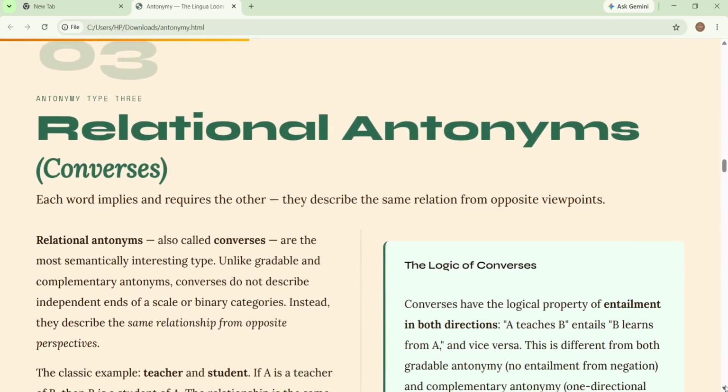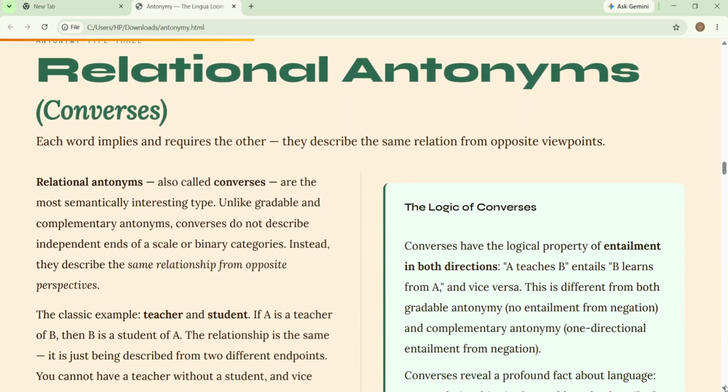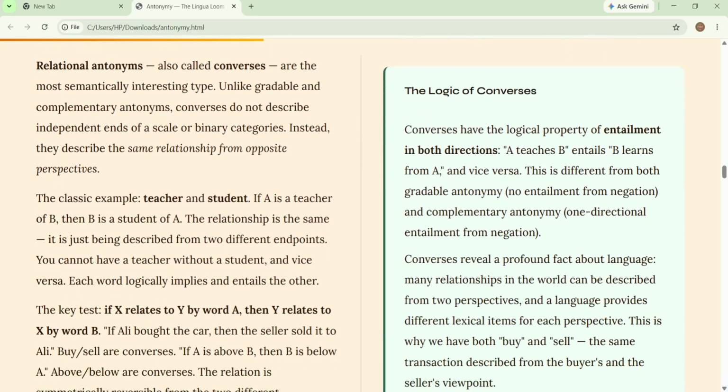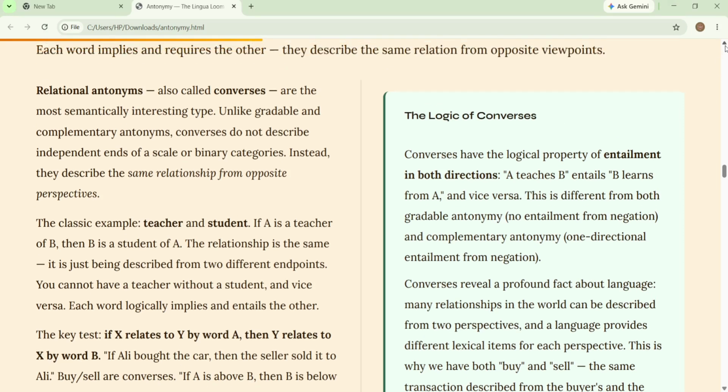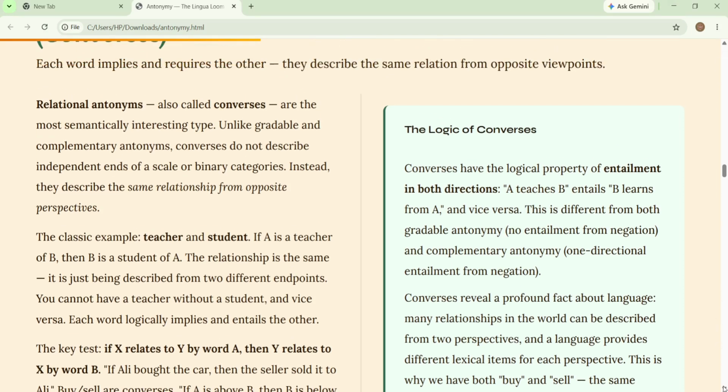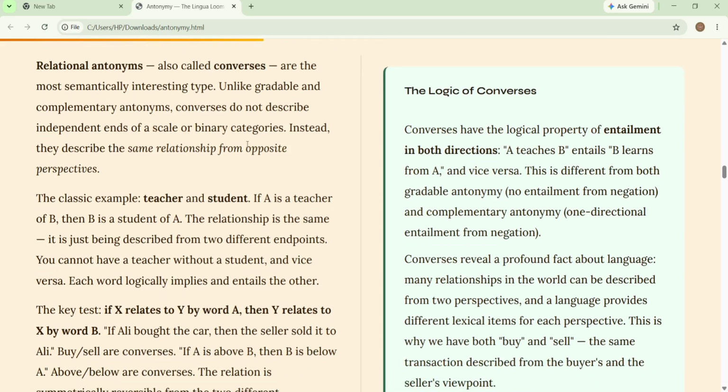So let's look at the third one, relational antonyms. Each word implies and requires the other. They describe the same relation from opposite viewpoints. Relational antonyms, also called converses, are the most semantically interesting type.